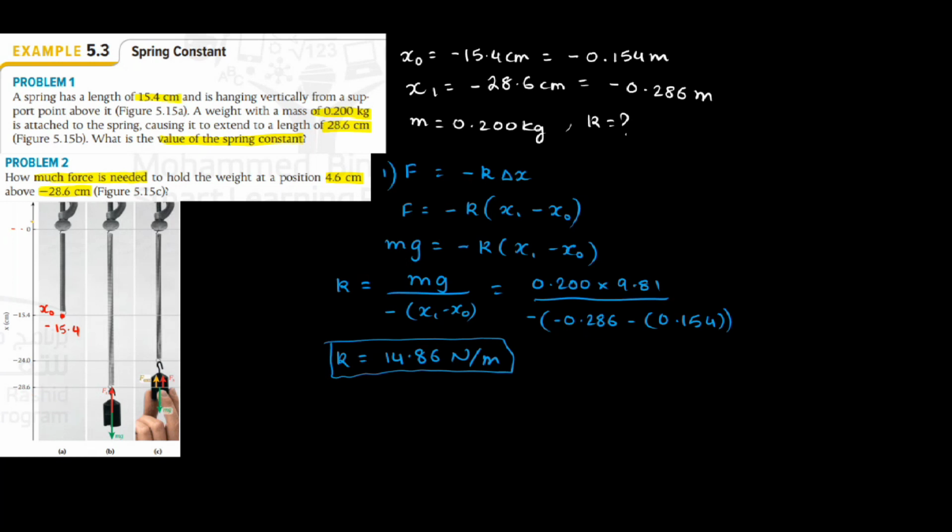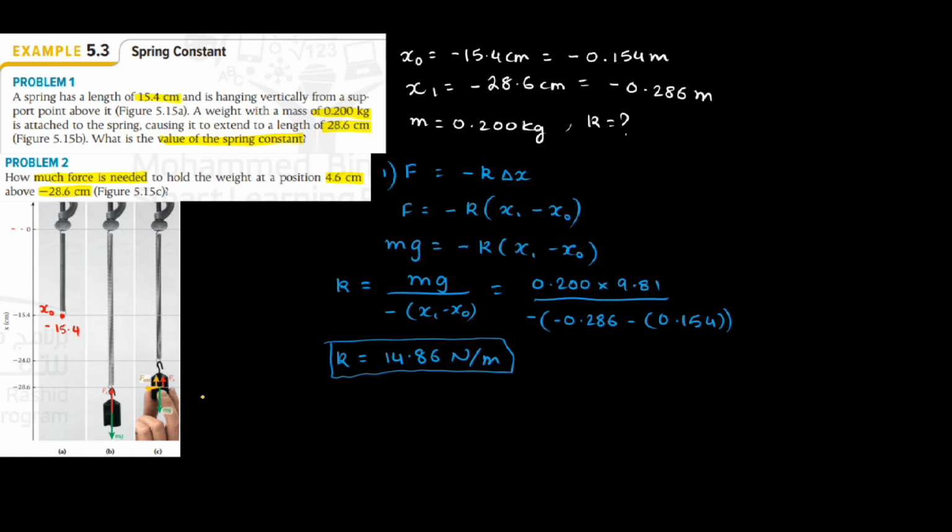Part 2 of the problem is asking how much force is needed to hold the weight at a position 4.6 centimeter above negative 28.6 centimeter. So I need to find how much force is needed to hold my weight from this position to this position over here.